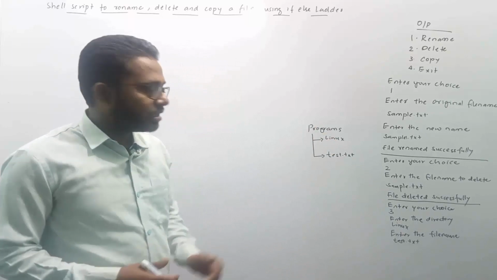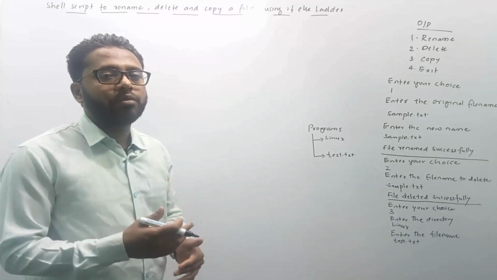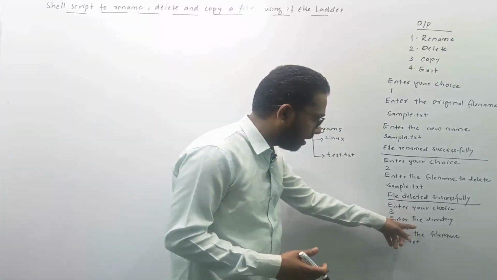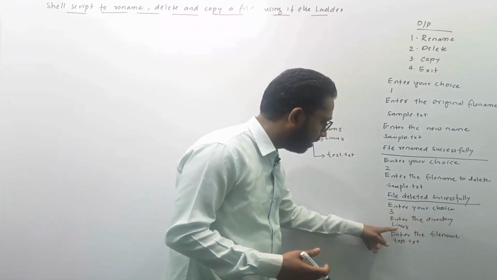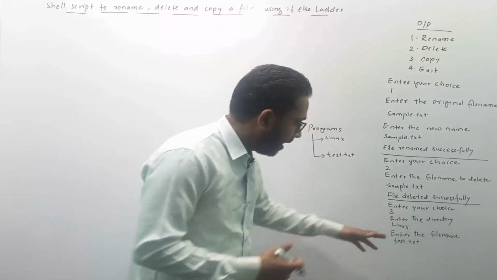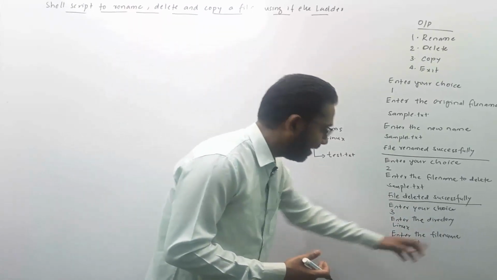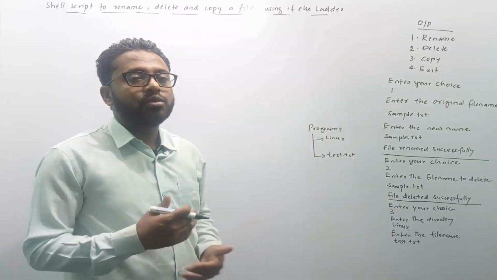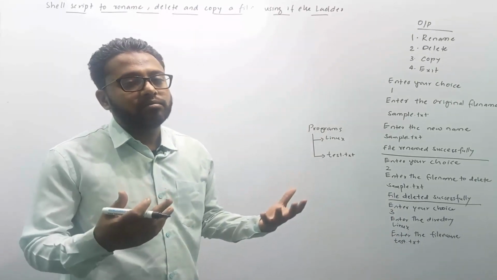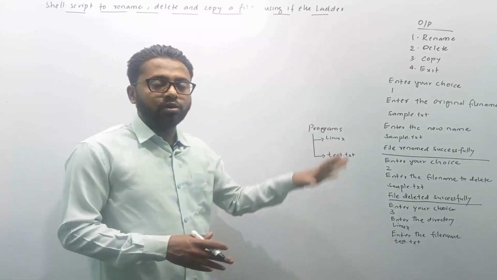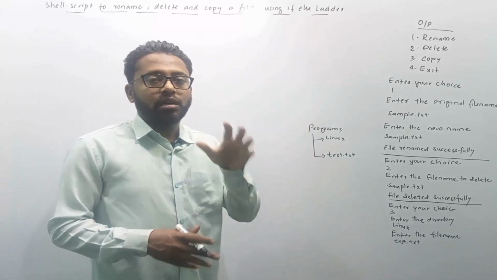In that case you need to give the name of the directory to where you want to copy the file. That's what I am asking here. Enter the directory, then I will enter Linux. Then you need to enter the name of the file which you want to copy to the Linux directory, that is test.txt. Then your program should show a message as file copied successfully. So this is everything about the output or our requirement which we want to achieve.